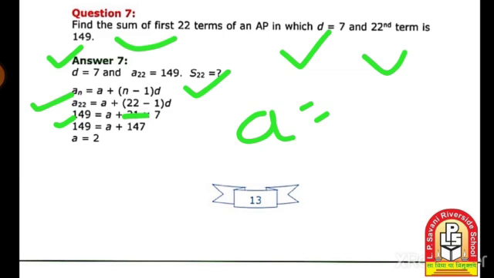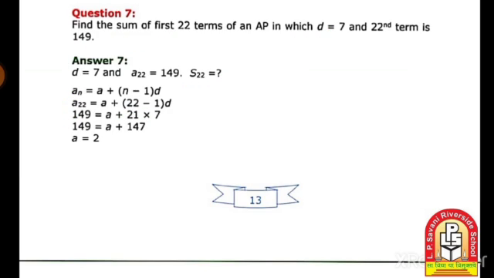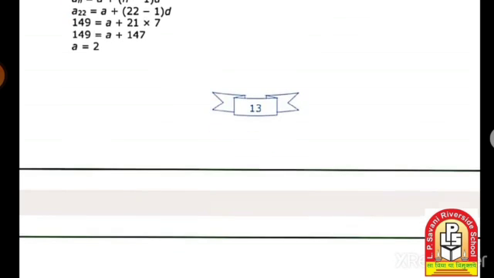Here 22 minus 1 is 21. So 21 multiplied by 7 gives 147. So 149 is equal to a plus 147, so a is equal to 2. In this way you can find out the first term of the arithmetic progression.